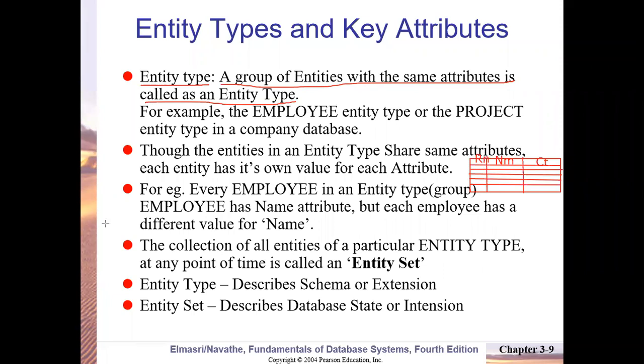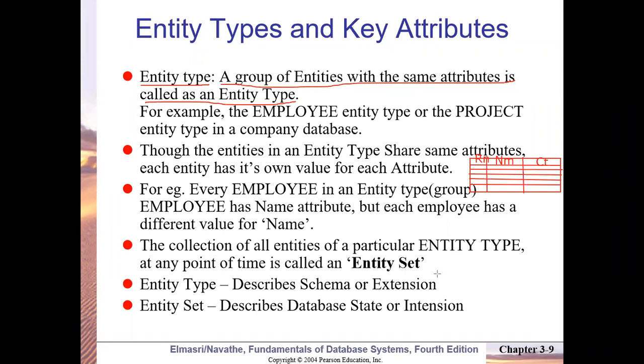Fine. Now the collection of all entities of a particular entity type at any point of time is called an entity set. For example, there are a total of 75 entities in 4B class, isn't it? But at present, how many are there? 54. So 54 is the entity set of today's class.